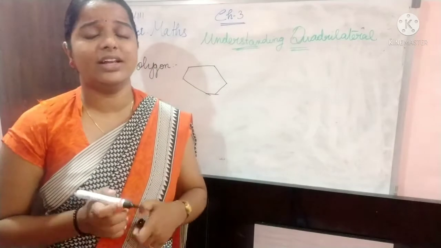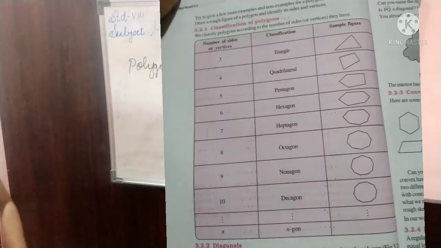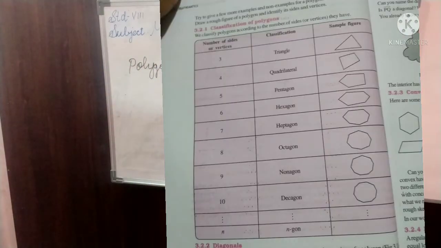And here we can see the different types of polygons in this picture. One, you can see here in the pic, is the triangle, which has three sides. Quadrilateral, any four-sided line segment, we are calling it quadrilateral. Then if it has five sides, we are calling it pentagon. Another one, a six-sided figure, we are calling hexagon.